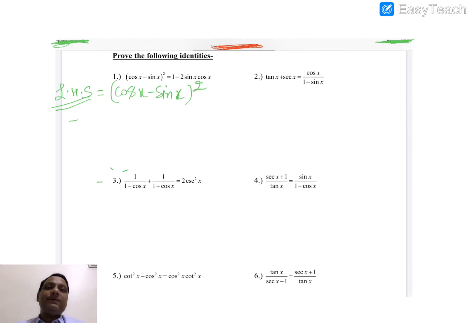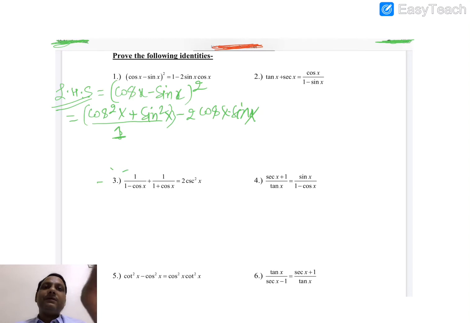As you know, a minus b whole square, so that formula will be used. This will change into cos square x, plus sin square x, minus 2 cos x into sin x. As you know, sin square x plus cos square x is equal to what? 1. So this total value is going to be 1, right?